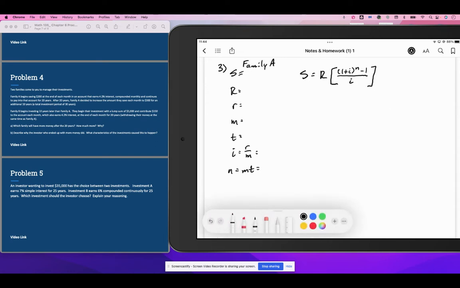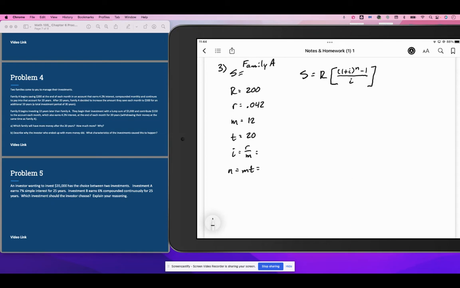So for Family A here, we've got the first annuity. They're going to be putting in $200 per month, 4.2% interest. And it is monthly, yes, so 12 months. And they have this annuity for 20 years. Then they change the amount to $300, and they do that for 10 more years.